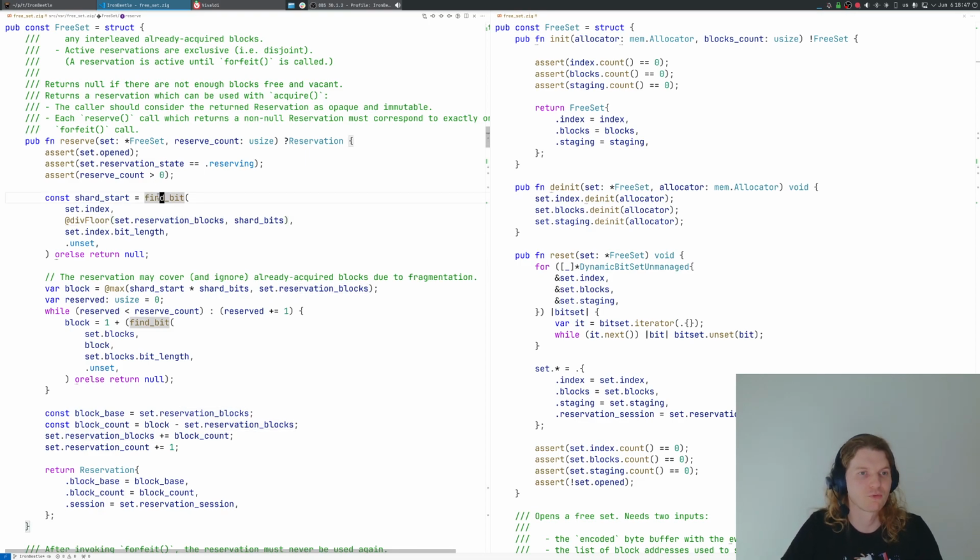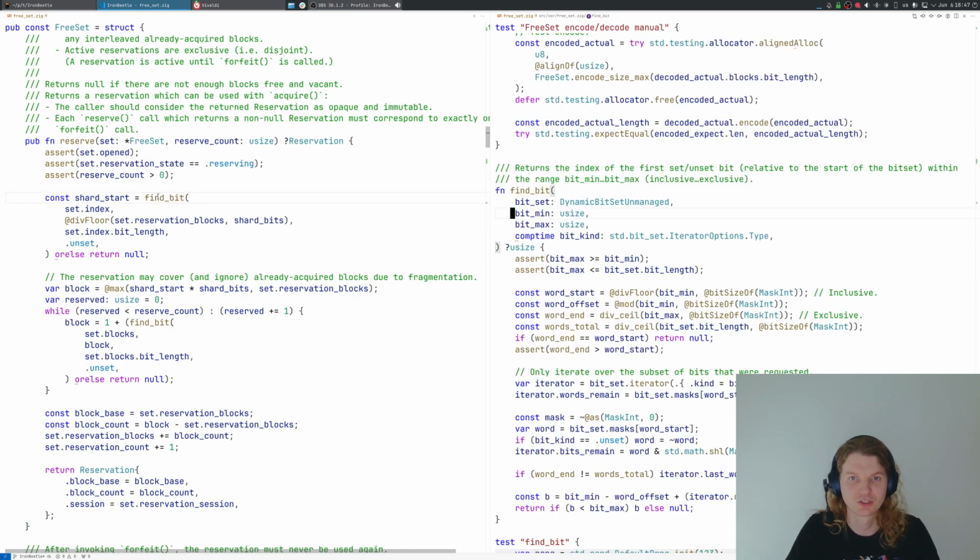And that's why when we find a bit, we actually start from this latest block reserved. So we found the earliest block we need to reserve.